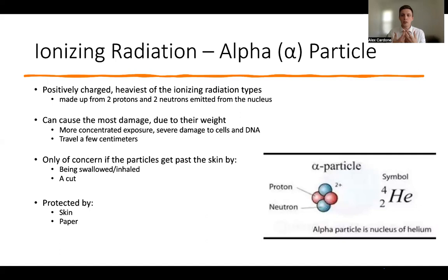So the only major concern we have with alpha particles is if they're being swallowed or inhaled. Think of inhaling or drinking or eating a radioactive substance, typically a bad idea anyway, or if you're being cut. That way it's able to make it into your body and potentially create further damage to your cells and DNA while it's inside. The wonderful thing, though, is that as it is the heaviest and therefore the weakest in its potential energy, it can typically be blocked just by regular skin or even by a sheet of paper.